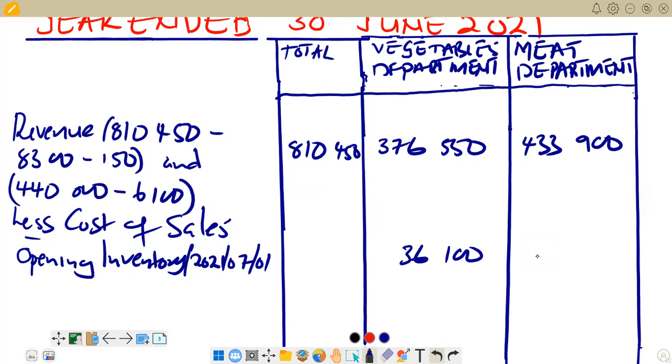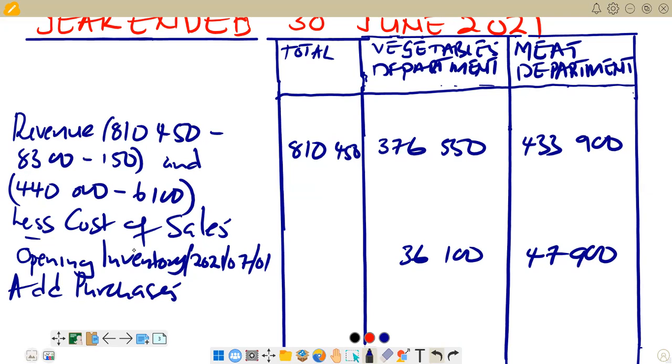And for the meat department, we have 47,900. And obviously, after that, we are going to add purchases. So we are adding purchases to opening inventory here.